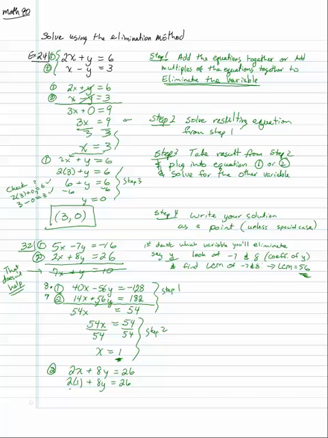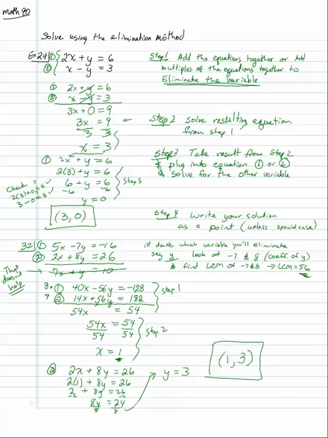Subtract 2 from both sides. It's 24. Divide by 8. So y equals 3. And now I'm done. So my solution is the point x is 1, y is 3.